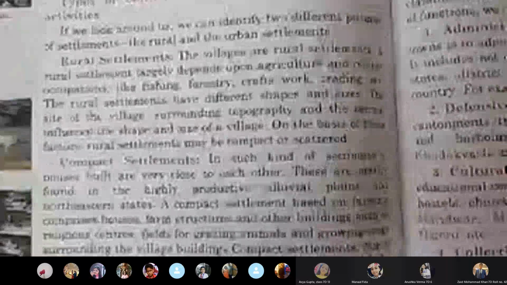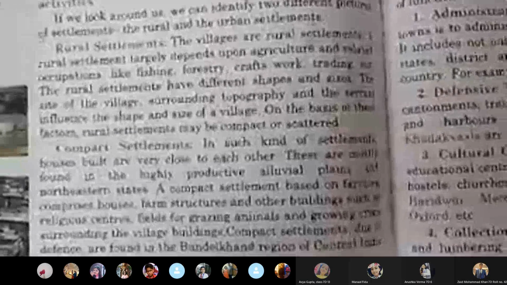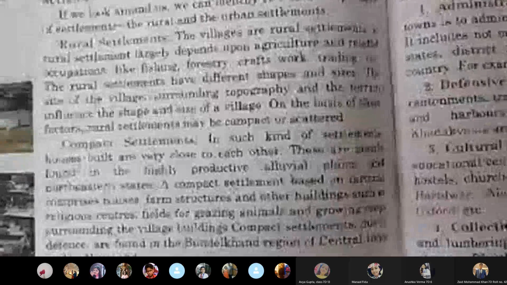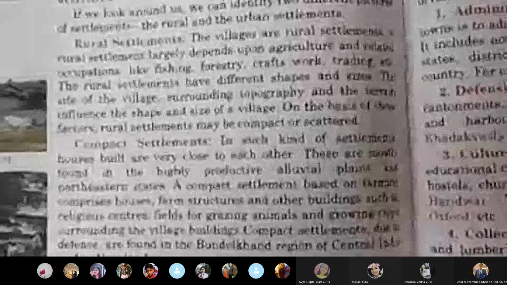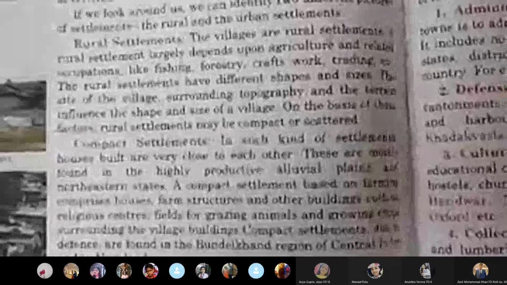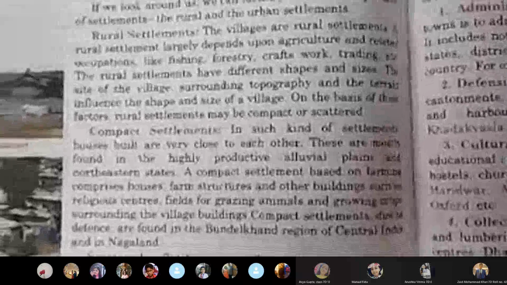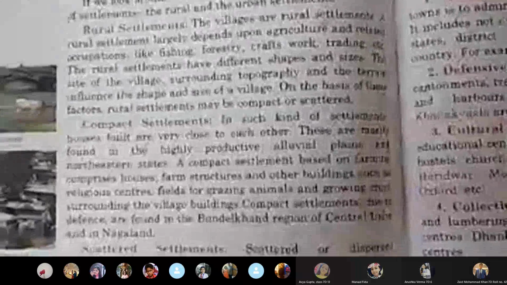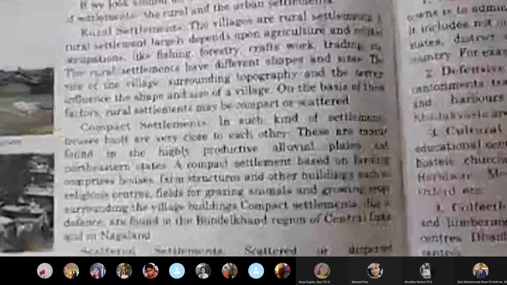We have classified it into rural settlements. The villages are rural settlements. A rural settlement largely depends upon agriculture and related occupations like fishing, forestry, craftswork, trading, etc. The rural settlements have different shapes and sizes. The site of the village, surrounding topography, and the terrain influence the shape and size of a village.